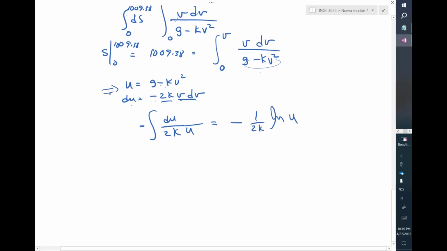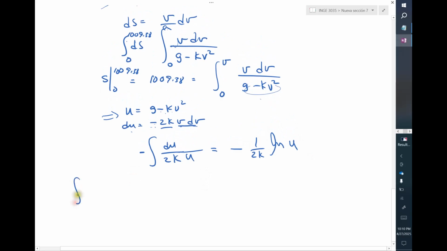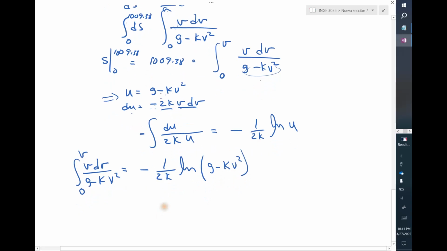So if we substitute back, this integral of v dv over g minus kv squared from 0 to v is equal to minus 1 over 2k times the log of u, but u is g minus kv squared, and all that has to be evaluated between 0 and v.